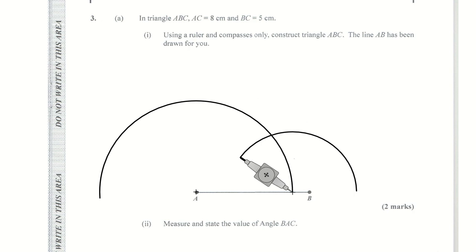So I know that C is located along this line, and C is also located along this first arc that is drawn from A. Hold on, no. I'm taking it and putting it at B, and I'm drawing an arc.